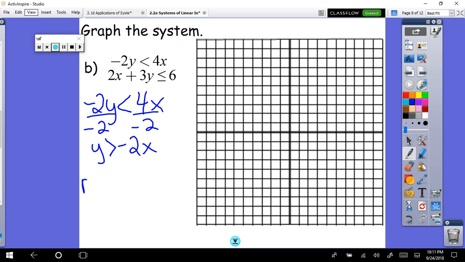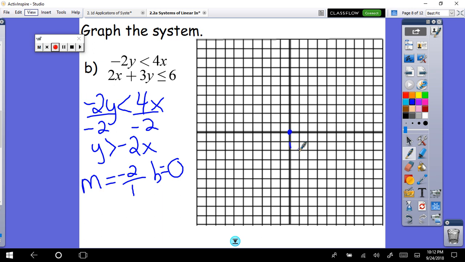-2x. So this has a slope of -2, or -2/1, and the y-intercept, since there's nothing following behind the x, is going to be at 0. So we have a y-intercept of 0, so that's right at the origin, and a negative slope this time, so make sure you're going downhill.